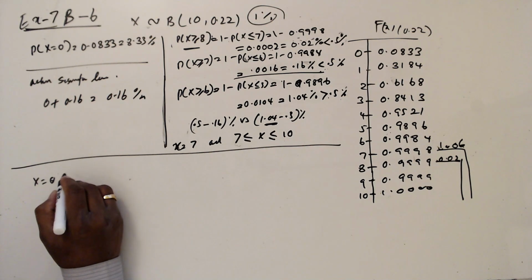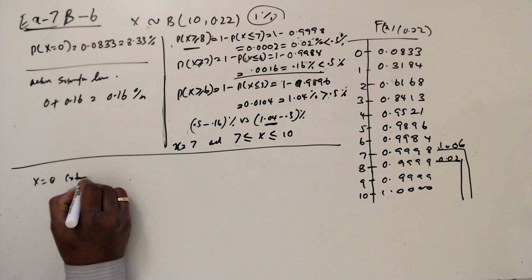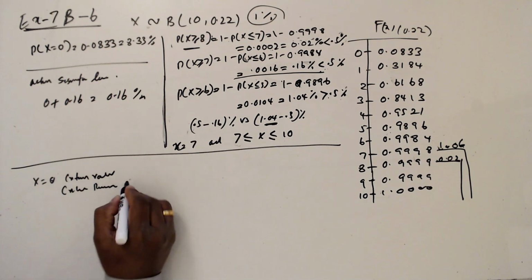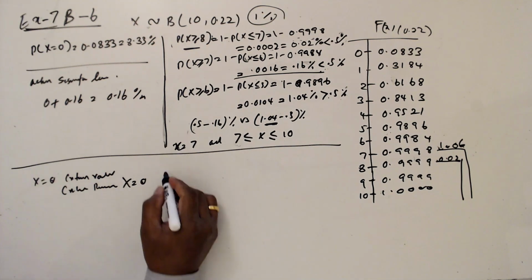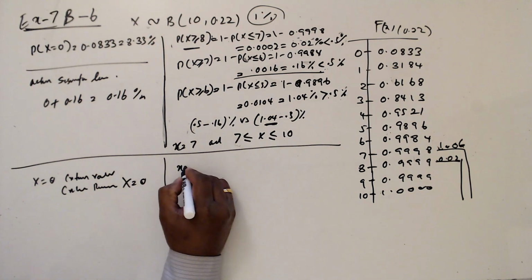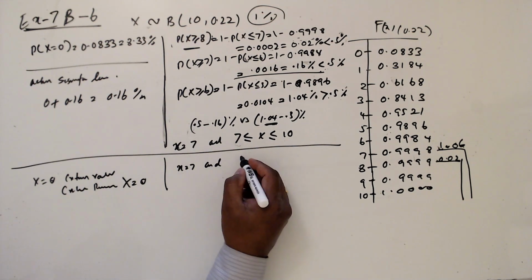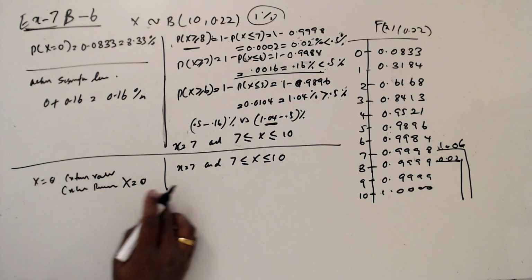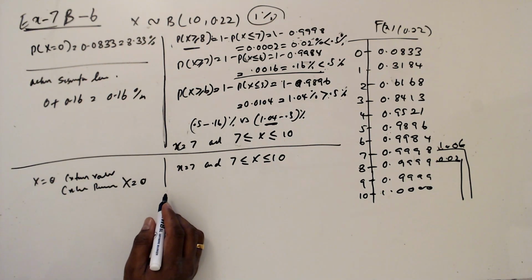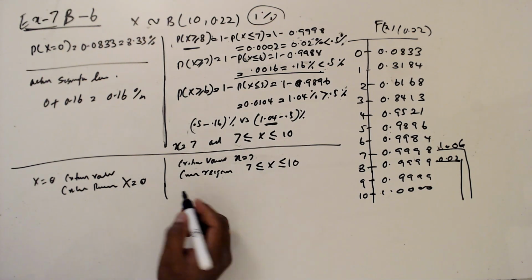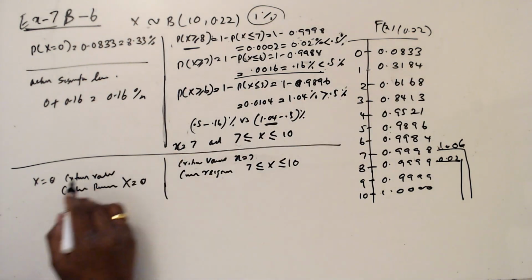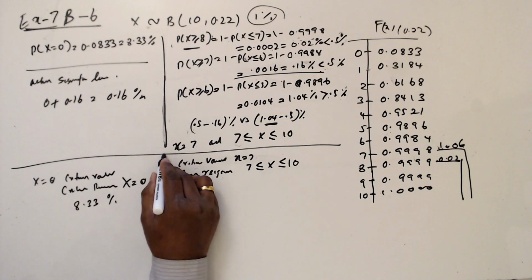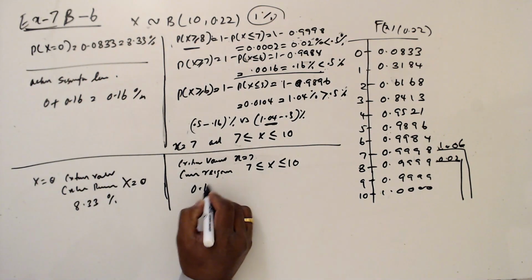So this is the critical value and critical region: x equals 0, and this will stay the same, x equals 7 onwards. Then the actual significance level: this x equals 0 value gives 8.33%, and this value gives 0.16%.